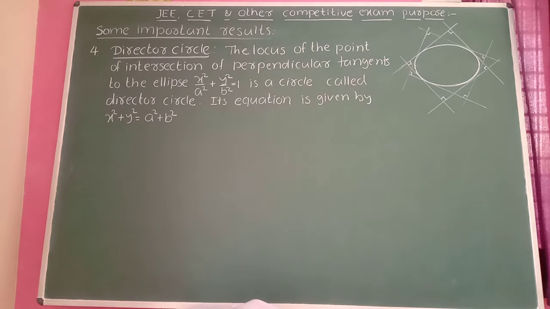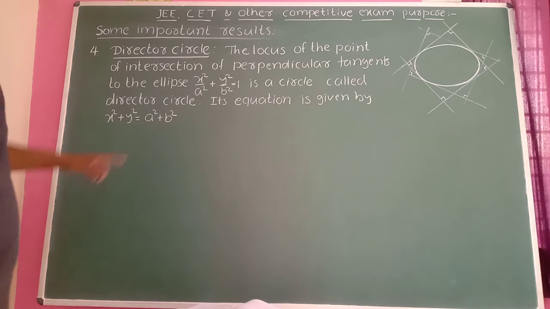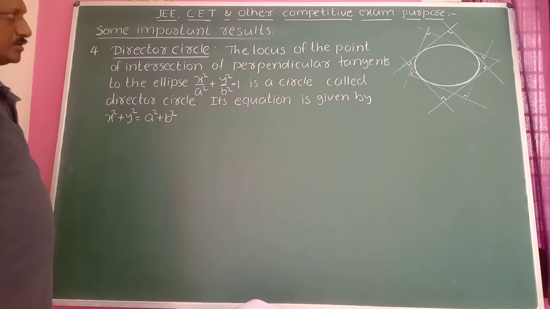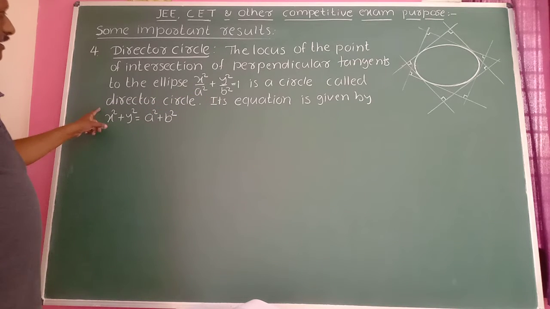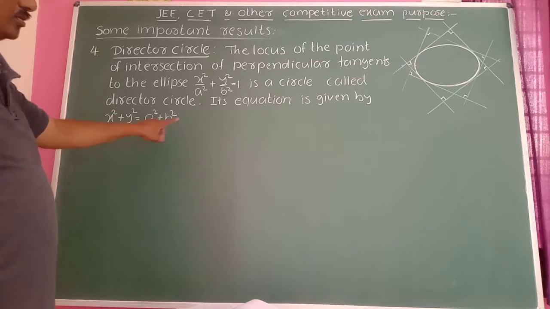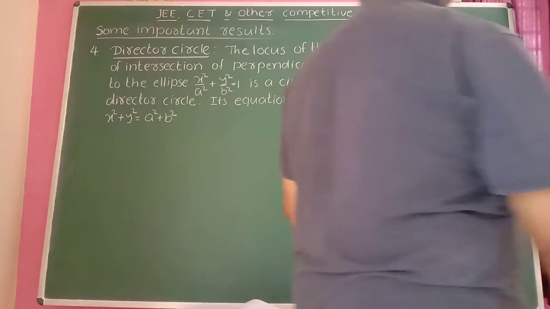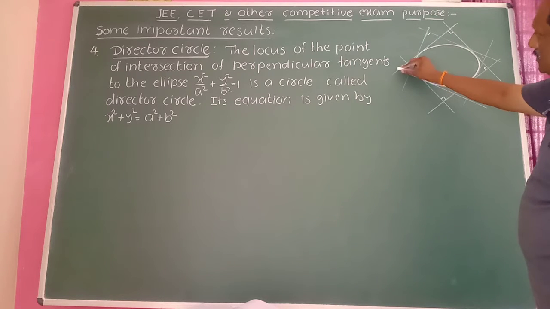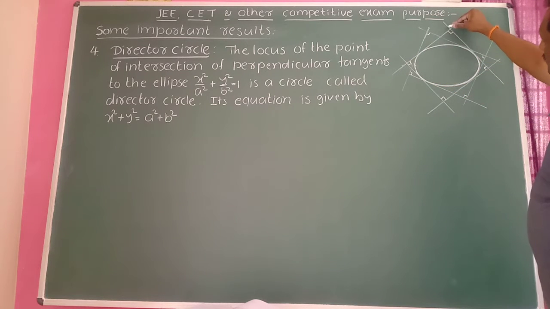Next, the director circle. The locus of the point of intersection of perpendicular tangents to the ellipse x²/a² + y²/b² = 1 is a circle. It is called the director circle, and its equation is x² + y² = a² + b². Here this is one tangent and this is the other tangent, both perpendicular to each other.